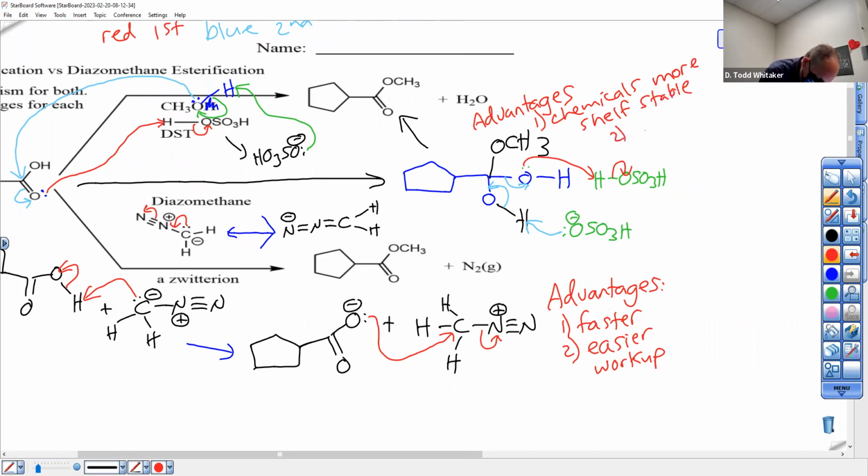And 2, this is the cheapest way you're ever going to go. Methanol is 10 times cheaper than diazomethane. That's a huge understatement, 100 times cheaper. Okay. So there you go. I think it's good activity.